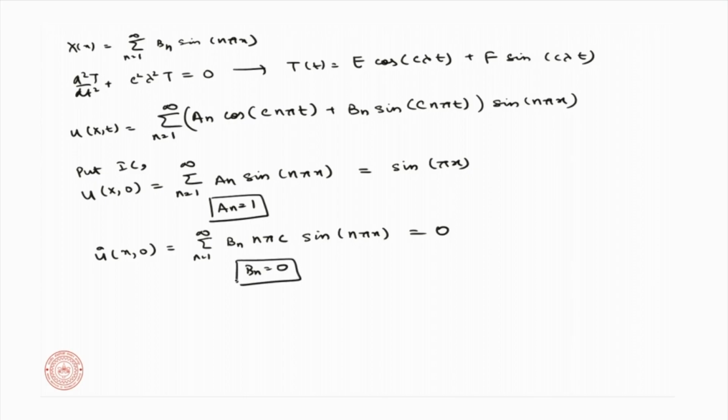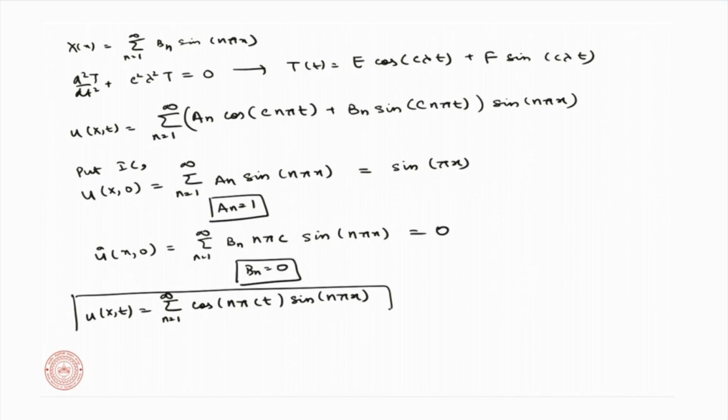Okay. With all of this together, we can say that u of x of t is summation n equals 1 to infinity, a n is 1. So, we will be left with cos of n pi c t sin of n pi x.